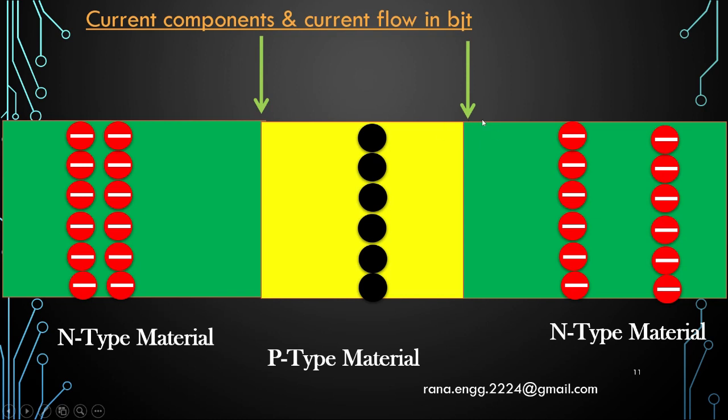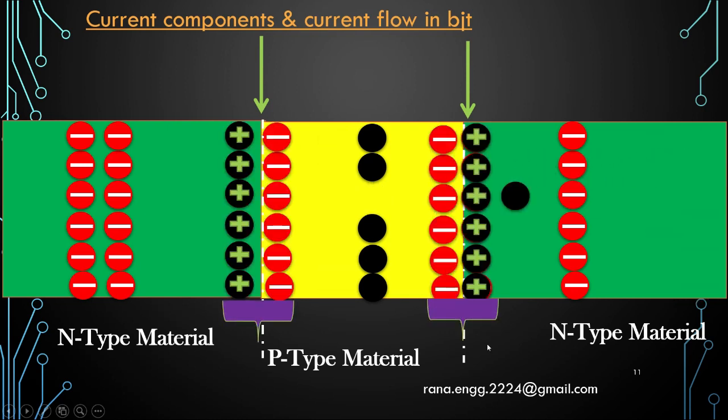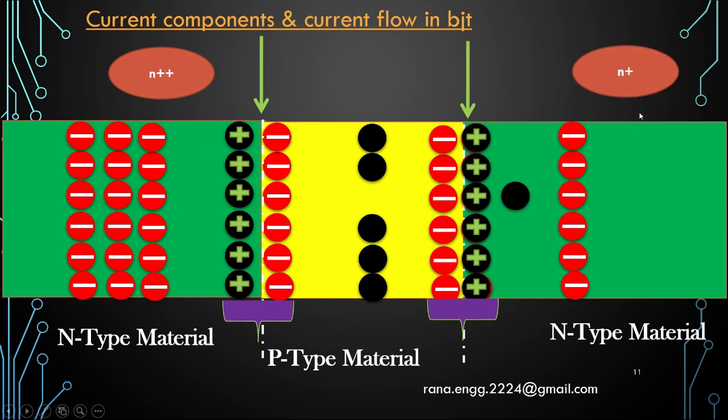This will be called JC, the collector junction. There will be formation of a depletion region due to movement of electrons and holes without applying any field. Towards the left we get more electrons because it is heavily doped, so we represent it as N++. This N+ represents highly doped, but lesser than this particular part.